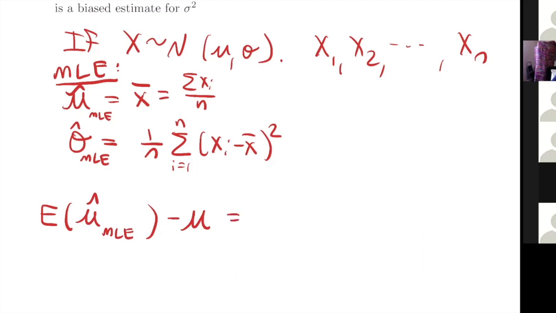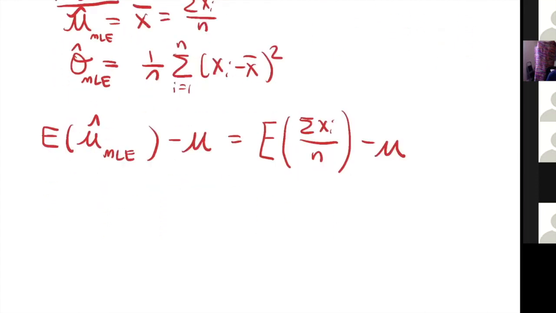So in other words, we would take the expected value, and using properties of expected value, we can pull out the 1 over n.